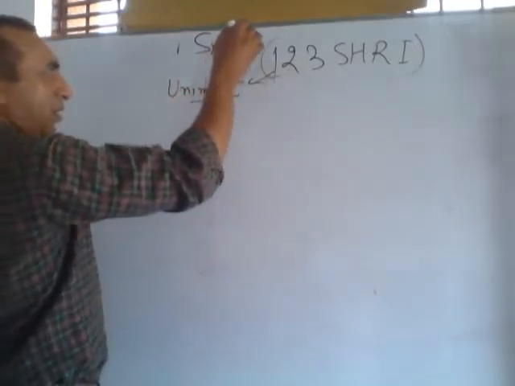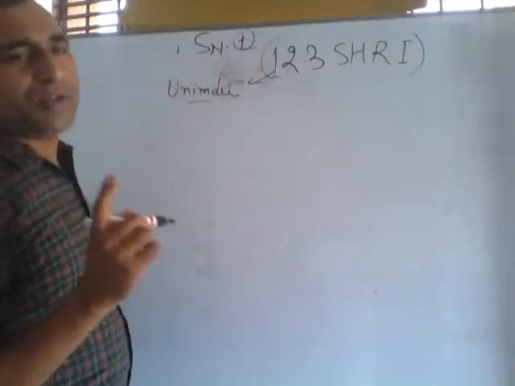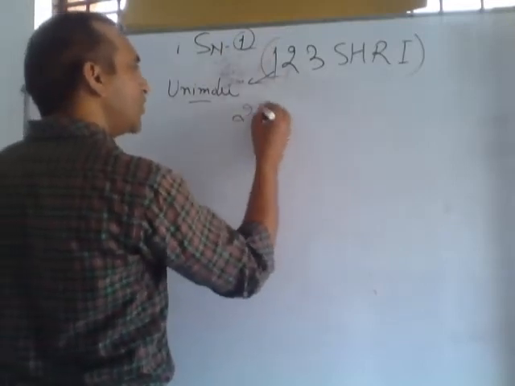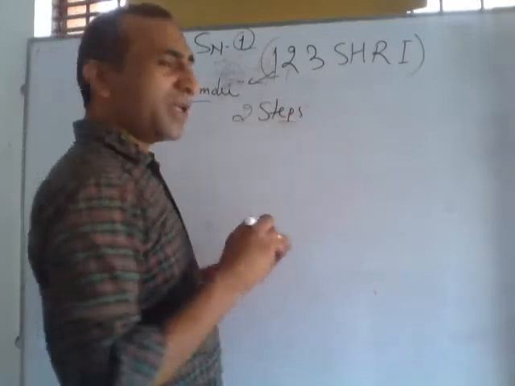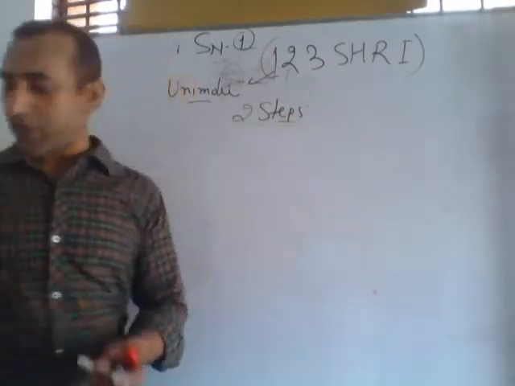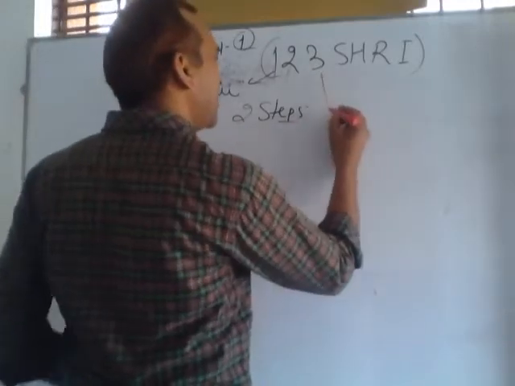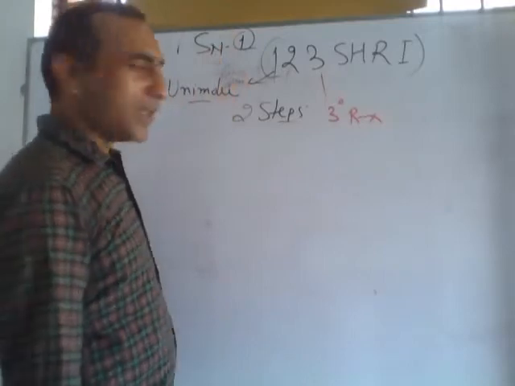Unimolecular means the rate of reaction depends on the concentration of only one molecule, that is RX. 2 means 2 steps. So the SN1 reaction takes place in 2 different steps. This third means this reaction is given by tertiary RX. Do you know tertiary RX?